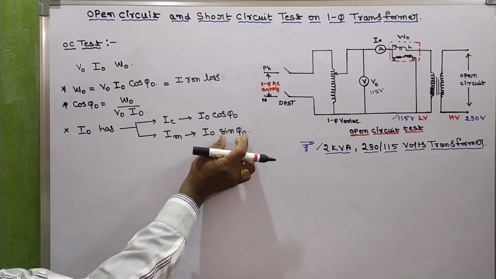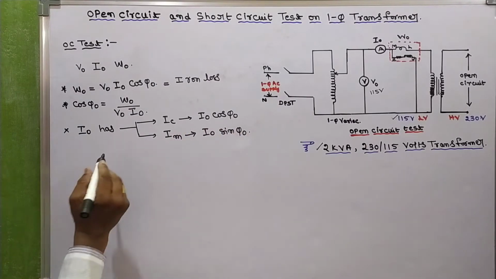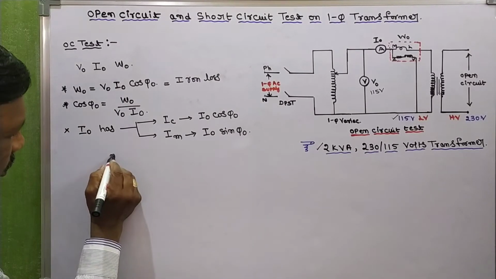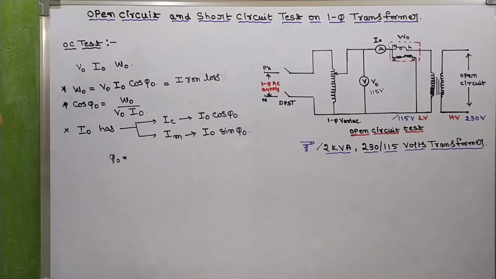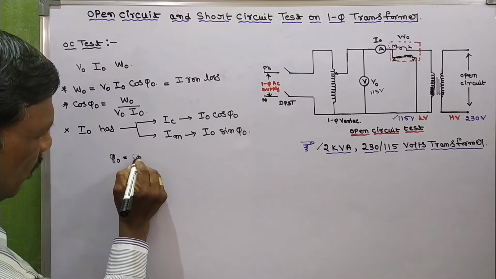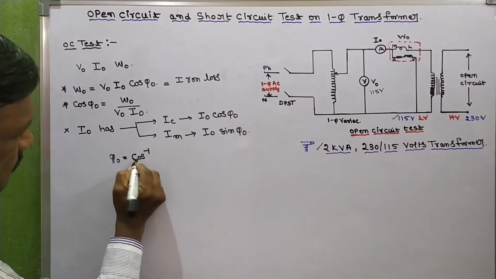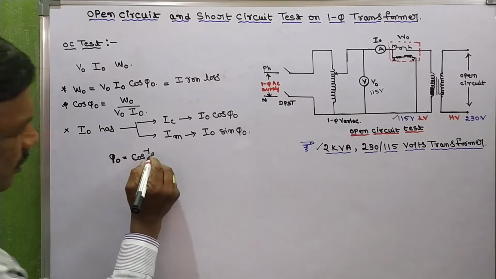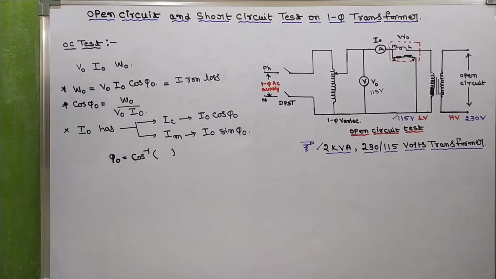If you want to calculate sin phi naught, first we are going to calculate phi naught. Phi naught is equal to cos inverse of the given value.